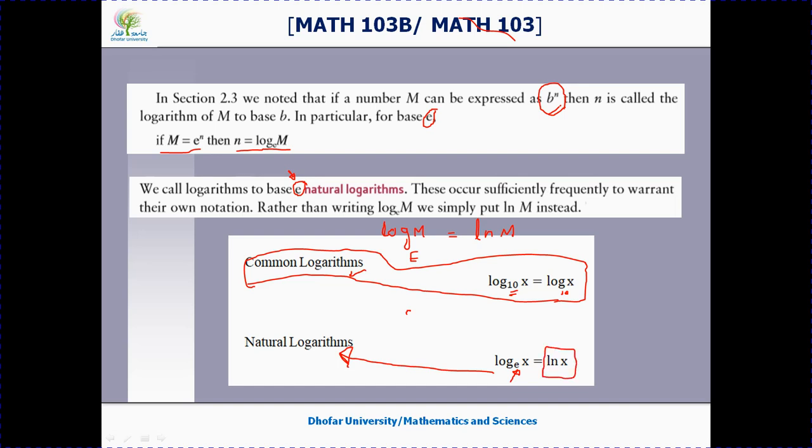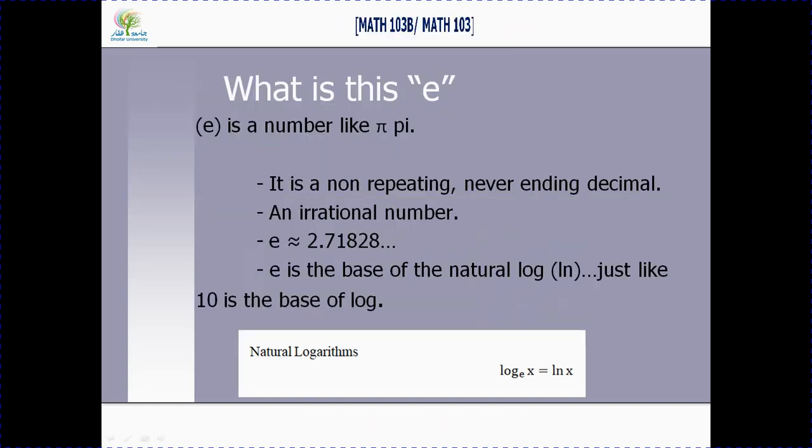So whenever you see log x, this is the common logarithm to the base of 10, even if we do not write it. And whenever you have log x at the base e, we write it ln x, and we call this natural logarithm. So this is common logarithm at the base of 10, and this is natural logarithm at the base of e, and we write it ln x.